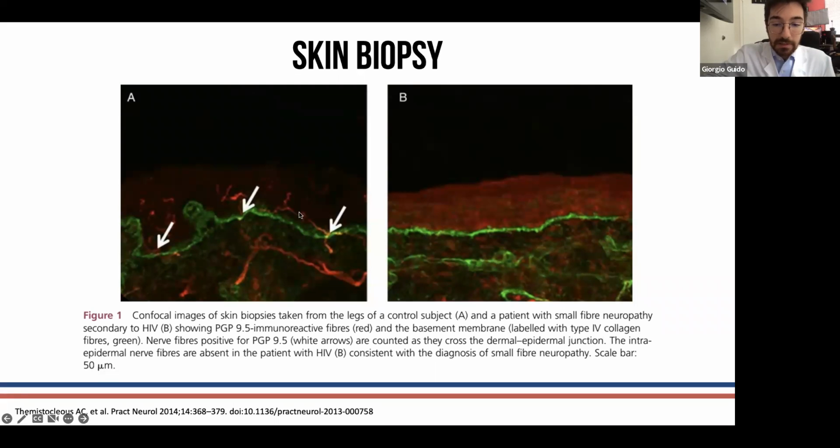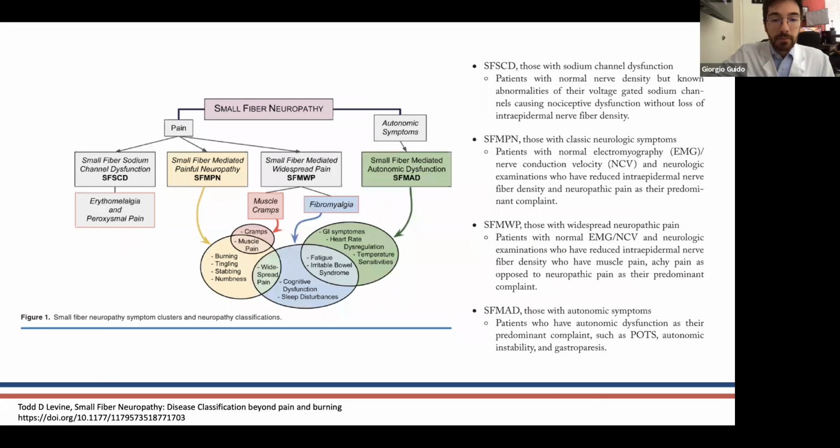And you can see that the arrows point to the red fibers that cross the dermal epidermal junction. But in the patient with small fiber neuropathy, as you see in picture B, you don't have fibers that cross the dermal epidermal junction. So the density of the small fibers is decreased.